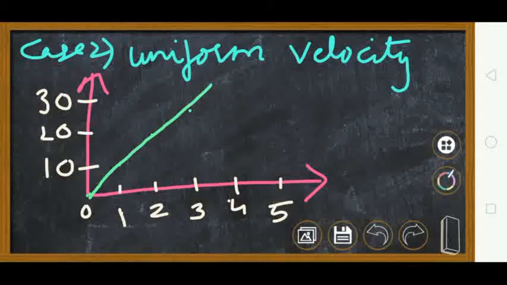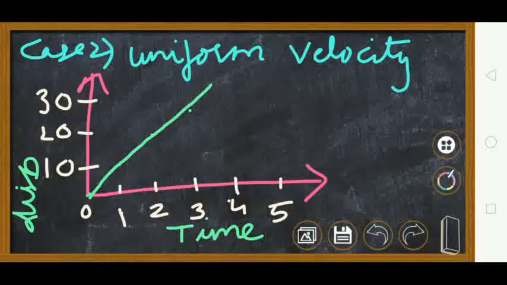So this is the graph for uniform velocity. What you have taken on the x-axis is time, and you have taken displacement on your y-axis.